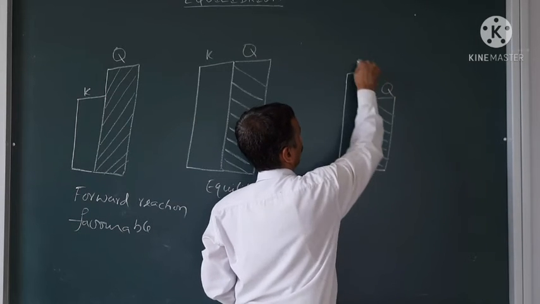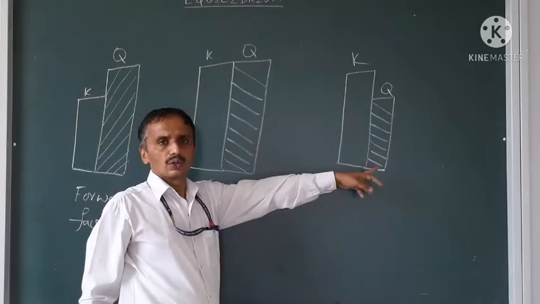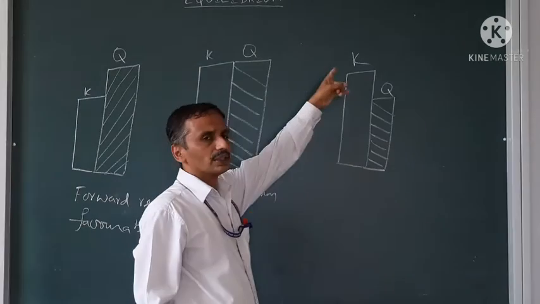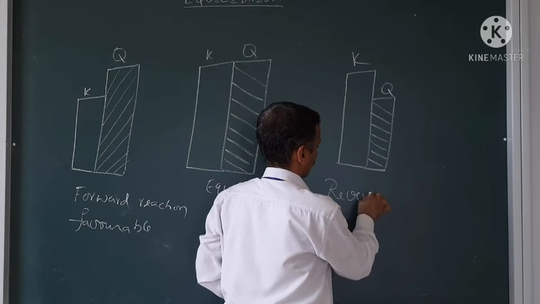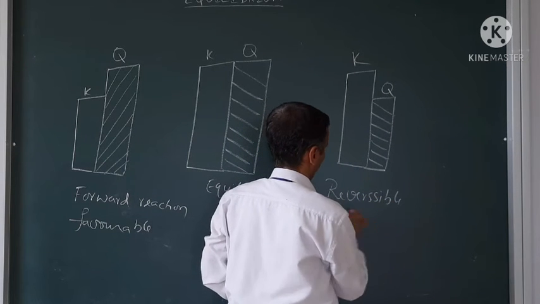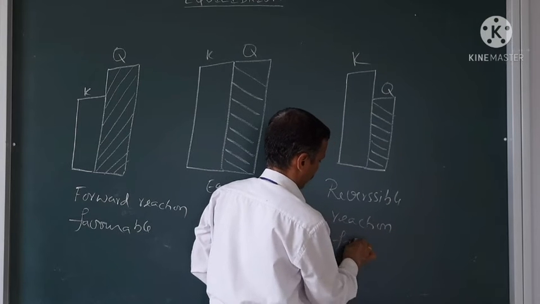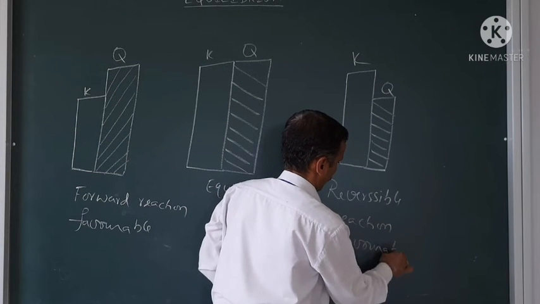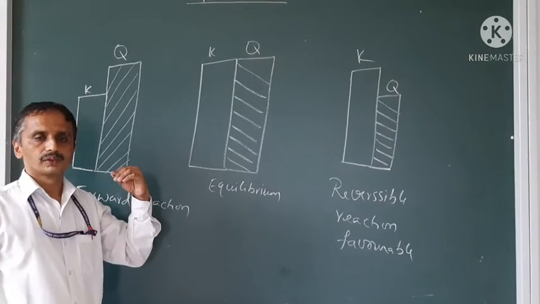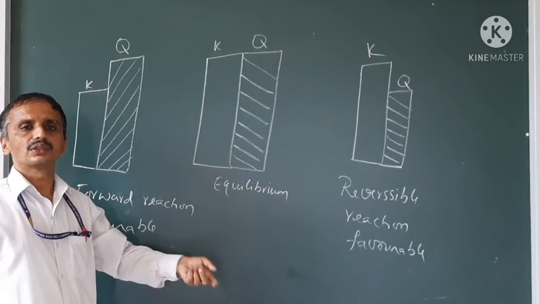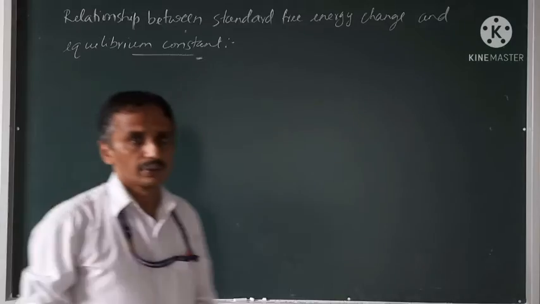This is for Q, this is for K, the equilibrium constant. See here, the reaction quotient is lesser than the equilibrium constant, so the backward reaction is favorable. Note it properly. A lesser value of Q means the reactant concentration is more, so the reaction will go in the reverse direction.